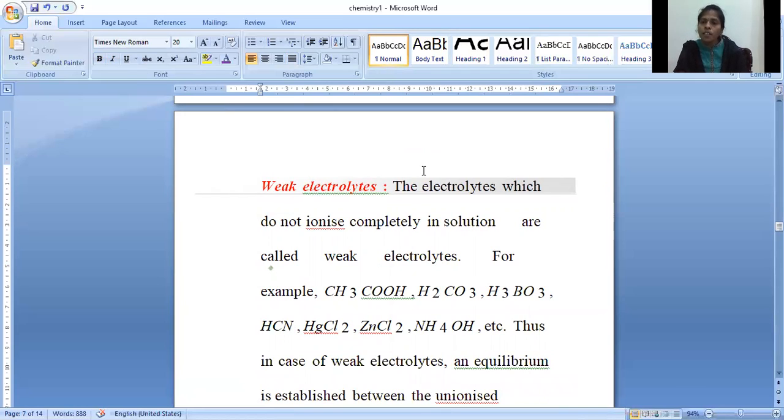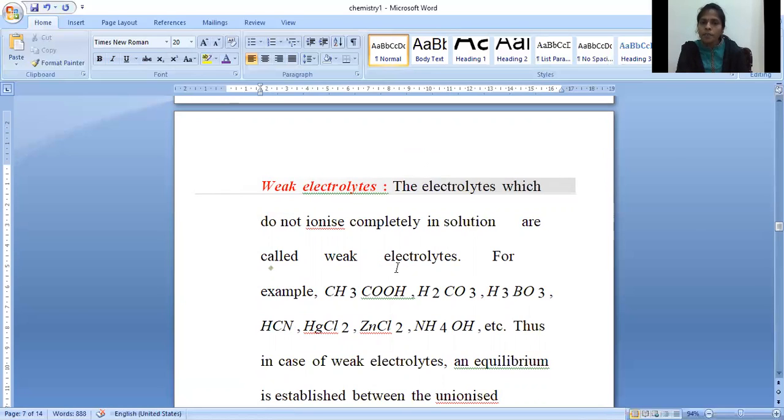It is decomposing around 40 to 50% or 50 to 60%. That means it is decomposing partially. So due to decomposing partially, the entire electrolyte is not able to give complete cations and anions. Yes. So the conductance is less for weak electrolyte.